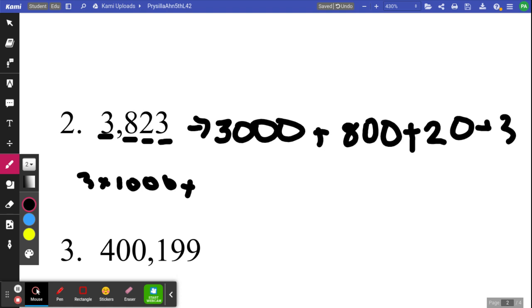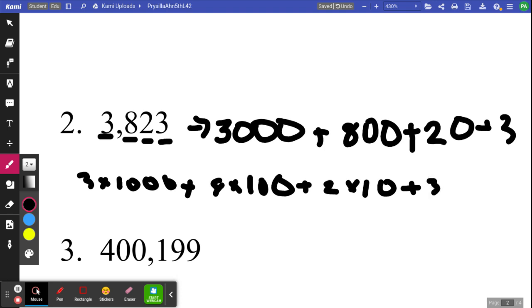What times 100 is 800? Obviously, 8 times 100 is equal to 800. Plus, same deal for 20, it's going to be 2 times 10. Plus, this one's not that big of a deal, but to evaluate this ones place, you put 3 times 1.